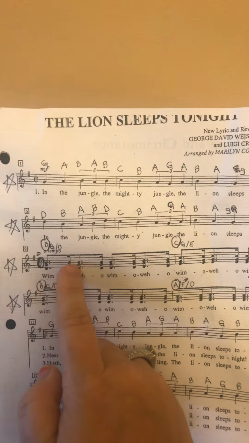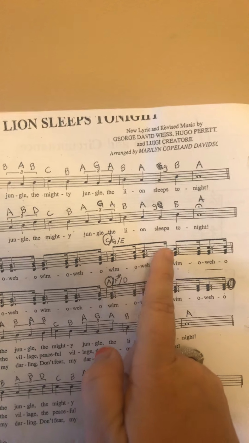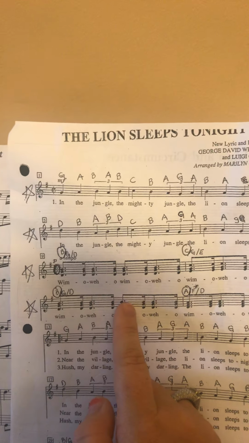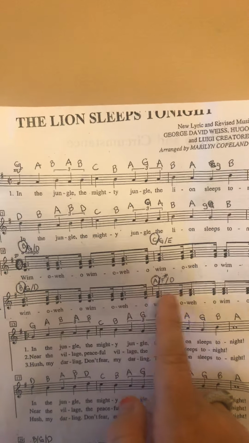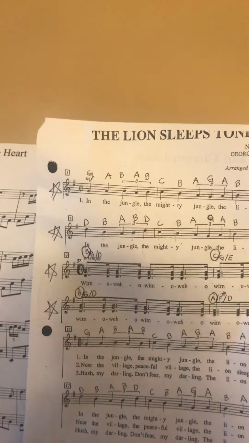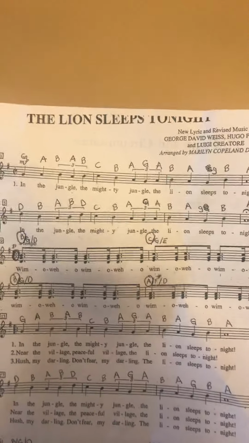So it'd be B, B, B, B, B, B, B, B, C, C, C, C, C, C, C, C, B, B, B, B, B, B, B, B, A, A, A, A, A, A, A, A. And then you would repeat that and go back to the B. Do it again. So it'll sound like this.